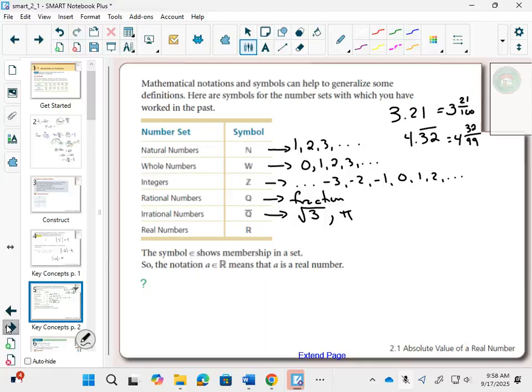Next year or next semester for some of you, you're going to learn the irrational number e. It's on your calculator. You can find the e, push equals, and it's like 2.718, da da da da, keeps on going. It's another irrational number. And then putting them all together is the real numbers.